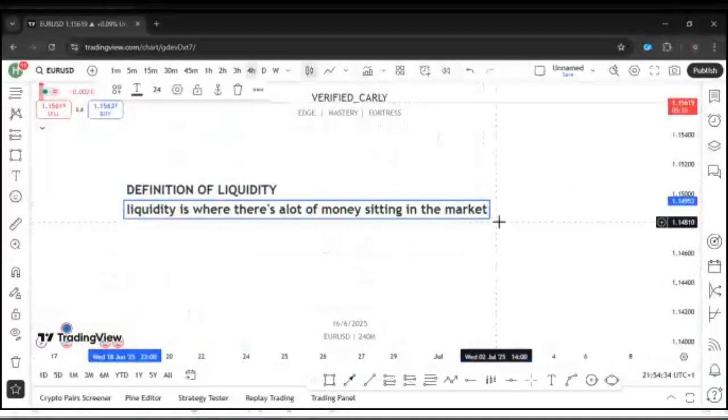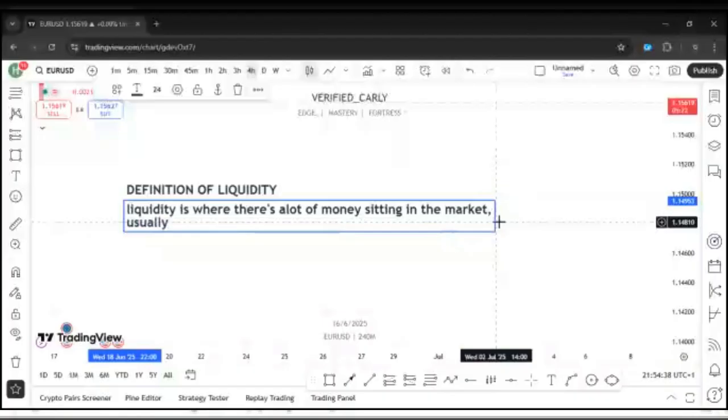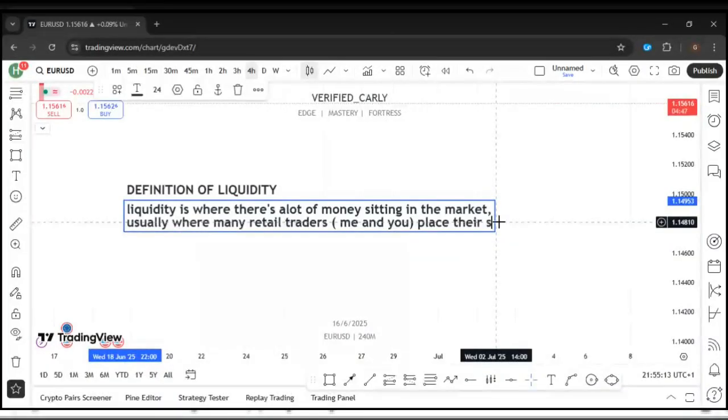It can usually be where many retail traders, like me and you, like those funding maybe $50, $100, $1K, for example $10, all those ones are what we call retail traders, place their stop losses.